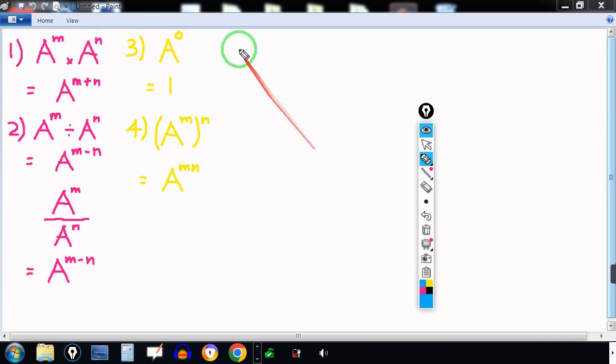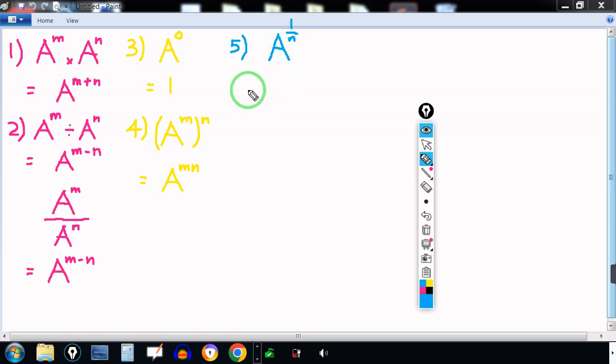Then we have law number 5 of indices. A to the power of 1 over n.